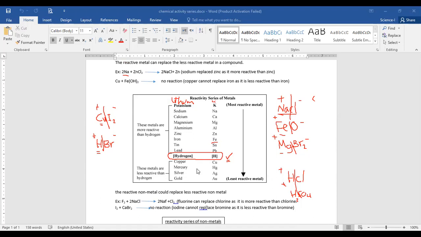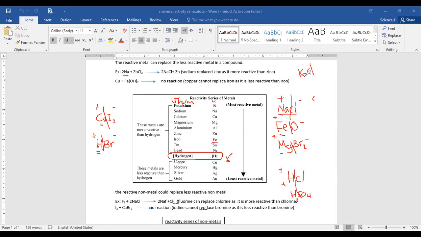Because the word reactivity represents the ability of the atom to form a stronger bond. Potassium, for example, if bonded with chlorine forming potassium chloride, KCl, the bond between K and Cl is a very strong bond, while mercury cannot form a bond like this.